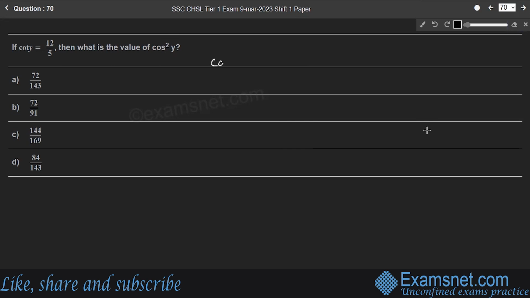Cosecant square y minus cot square y is equal to 1. Now express cosecant y in terms of sine. Sine y is equal to 1 by cosecant y.